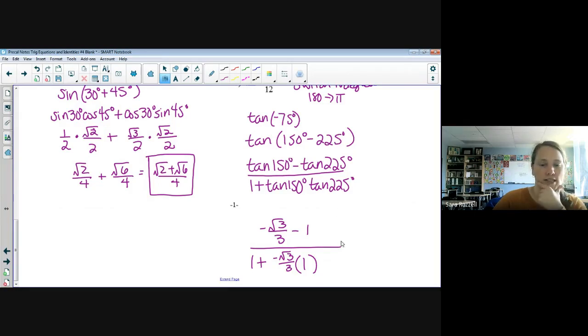I could show you how to simplify, like you would need a 3 over a 3 here, and 3's will cancel, and then that'll be negative root 3 minus 3, and that would be 1 plus negative root 3, and then something else messes up. But y'all could just type that in the calculator and get your decimal, make it match with the options you have. Okay? And for any short answer on the test, I'll accept this. That's as far as I need you guys to go on the tangent ones.